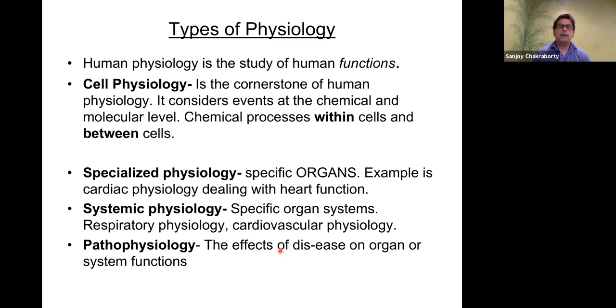And finally, pathophysiology. Let's put it this way: your system should work nicely, like a normal working condition. If my body is working fine right now, that is my physiological status of the body in a normal condition. And that's called homeostasis, which is coming up next.